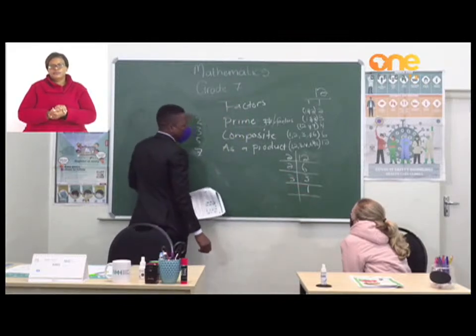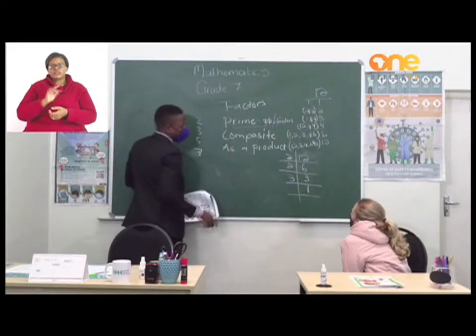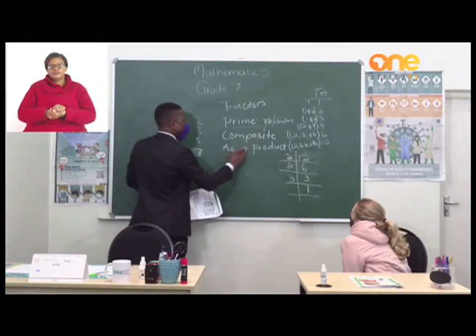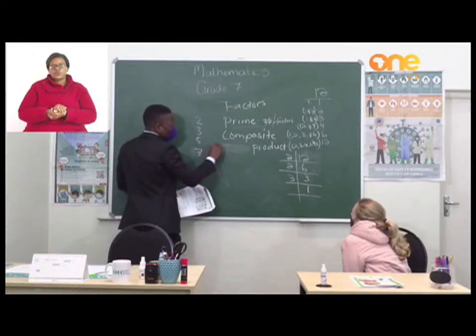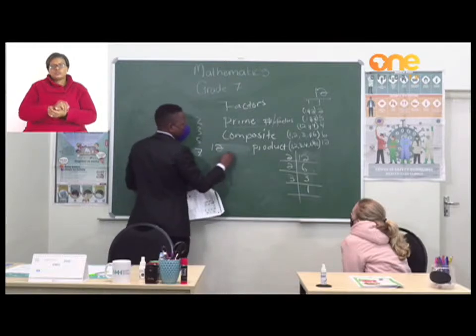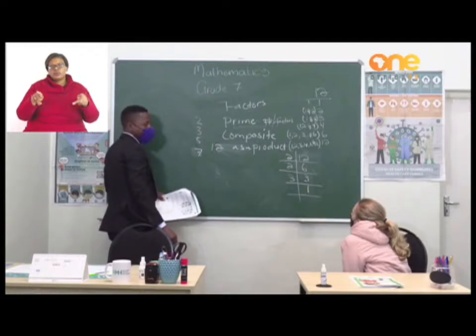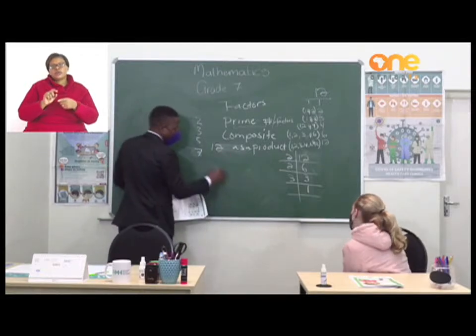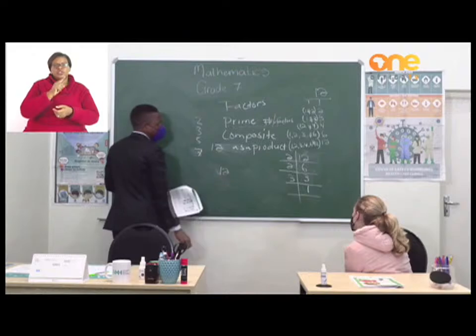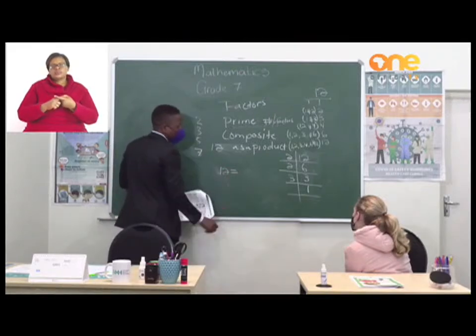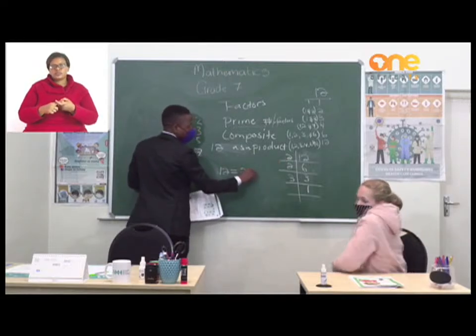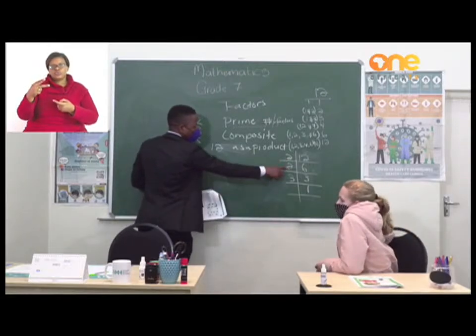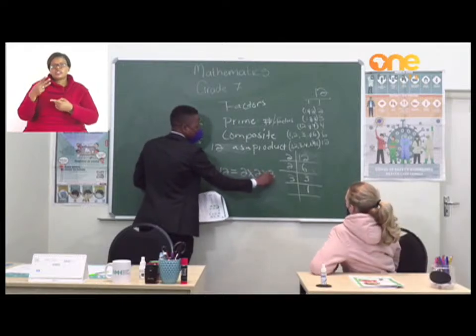Now to answer the question right, to write 12 as a product of its prime factors, we write 12 equals 2, which is this, times 2, that, times 3.